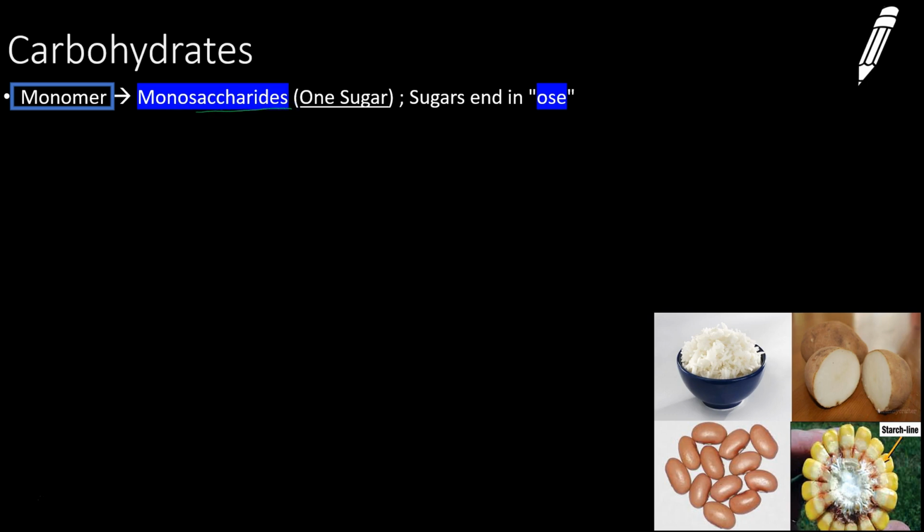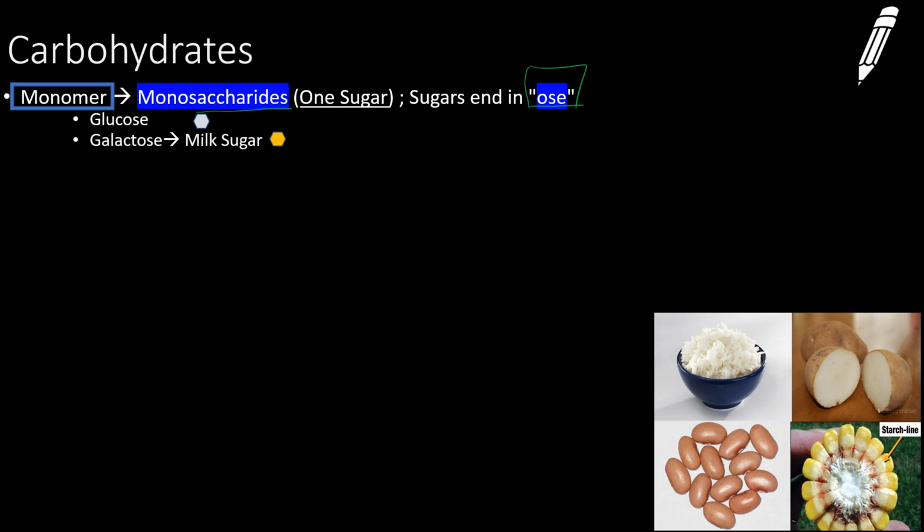So a monosaccharide literally translates to one sugar. Now, when I refer to sugars by their name, most of them end in -ose. Okay, so anytime you hear that suffix -ose, that means that's a sugar. Okay. So glucose is one single sugar. It's called a monosaccharide.